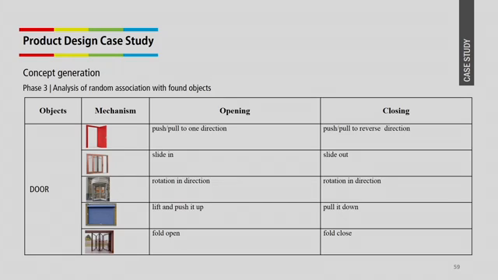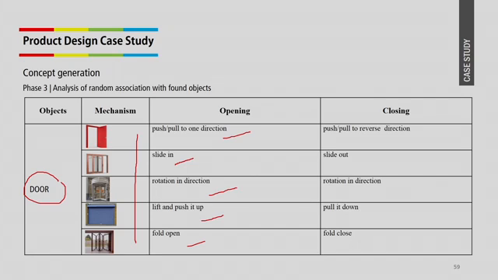So, for example, a door. There are many kinds of doors: we can open doors with push and pull, with a slide-in action, with a rotational action, lift and push, and foldable doors we can also see.